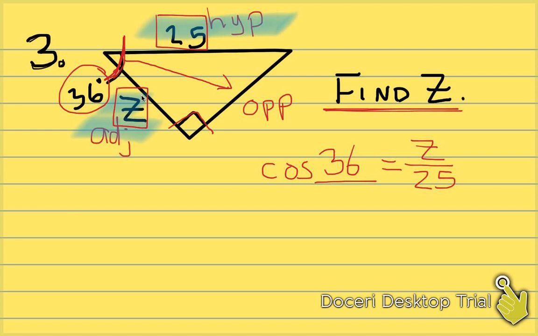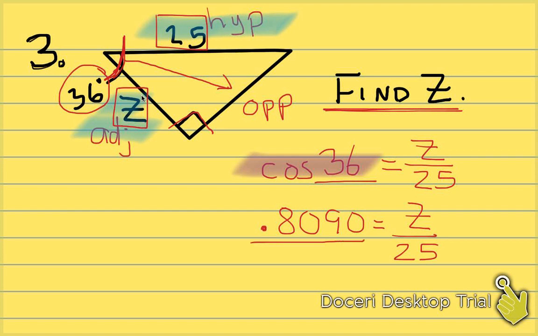Now you want to ask yourself again, can I put this in my calculator? Can I put cosine 36 in my calculator? The answer this time is yes. When you do that, you get something like 0.8090. And that's still going to be equal to z over 25. Okay? If you recall, this is set up just like a proportion. So we want to put this over 1.